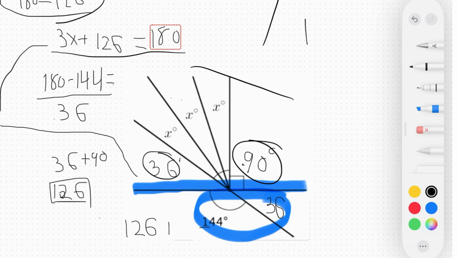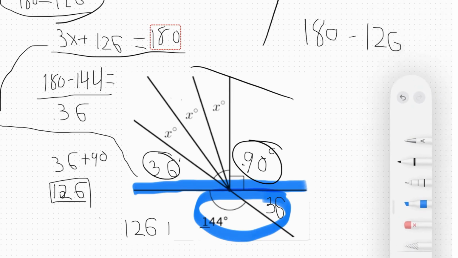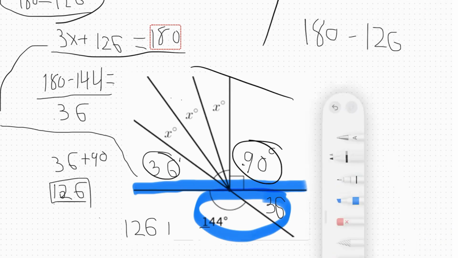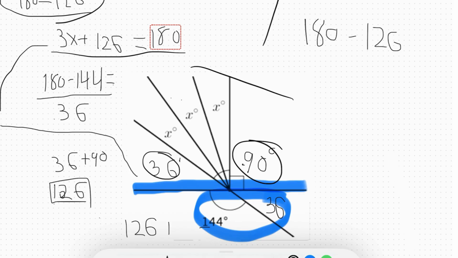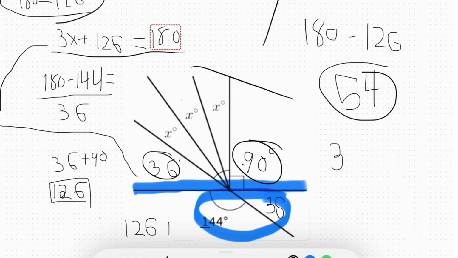So what is 180 minus 126? Just take a second to do it. It is 54. Well, don't just end it, because that isn't just x itself. That's 3x equals 54. So we still have to do some math.